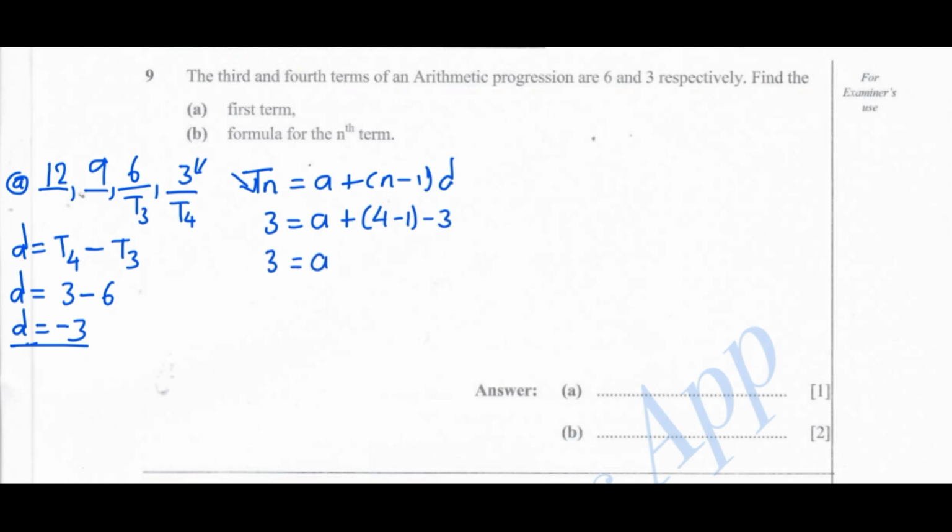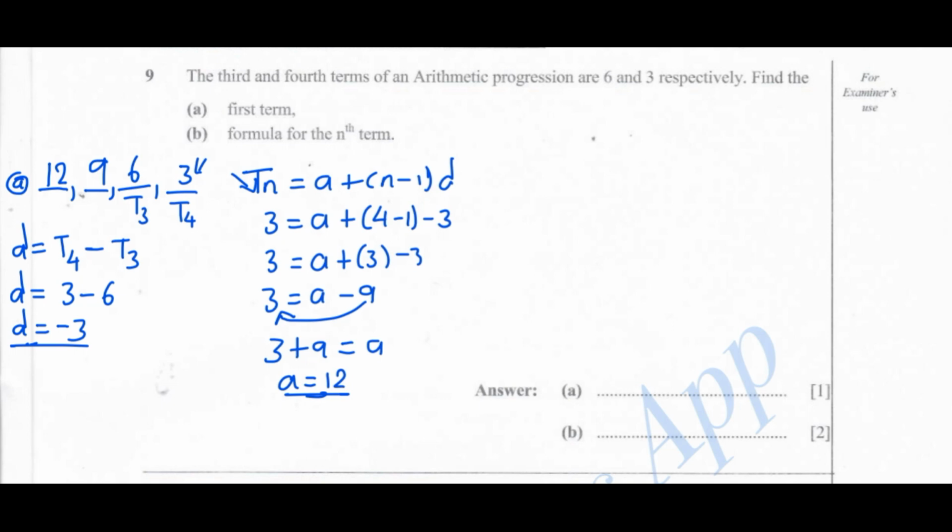So we have a plus 3 times negative 3, which gives us negative 9. Let's take our negative 9 to the left side. This gives us 3 plus 9 is equal to a. 3 plus 9 gives us 12 as our first term. So we've answered it like this.